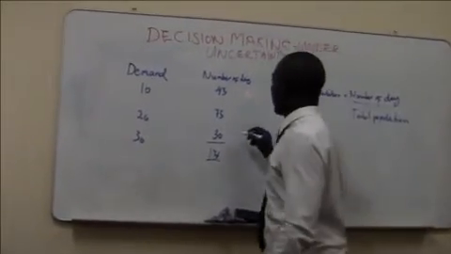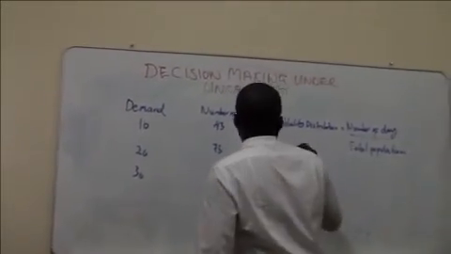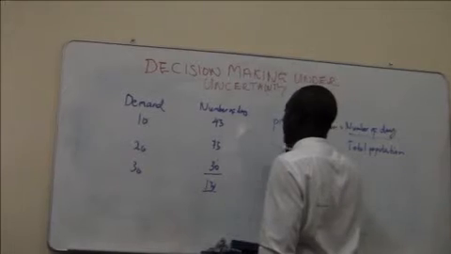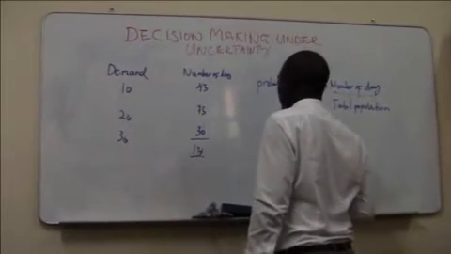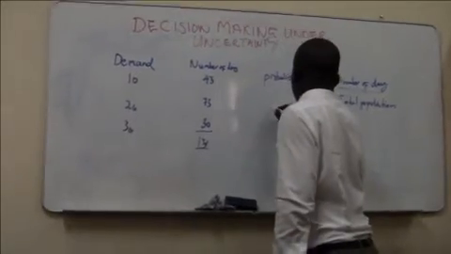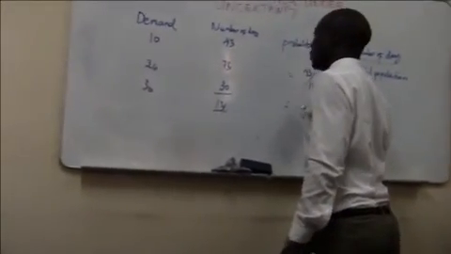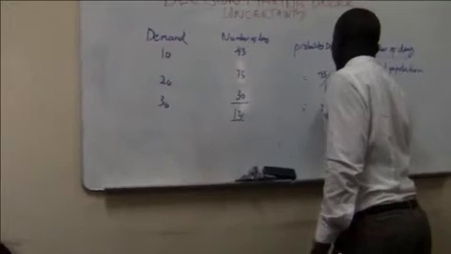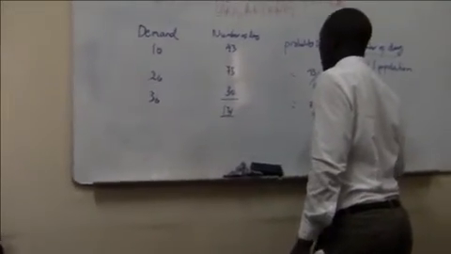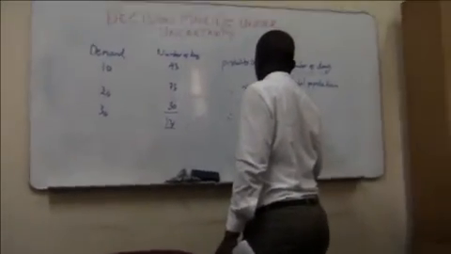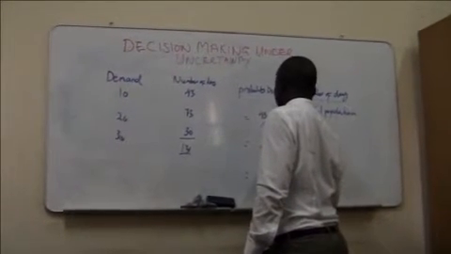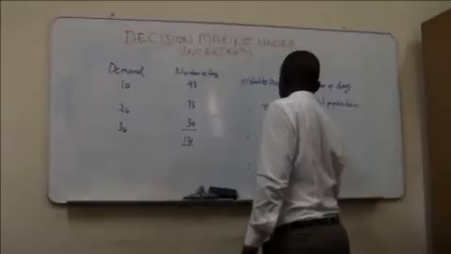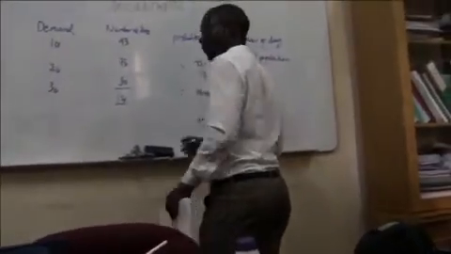Therefore, in this case, for a demand of 10, we'll have 45 over 150. The next one, for a demand of 20, you have 75 over 150. And finally, you have your 30 over 150.